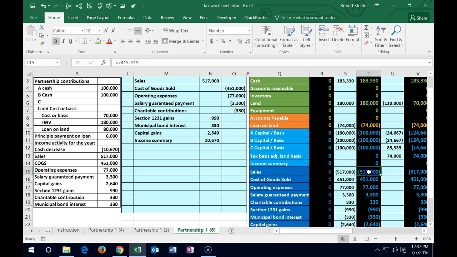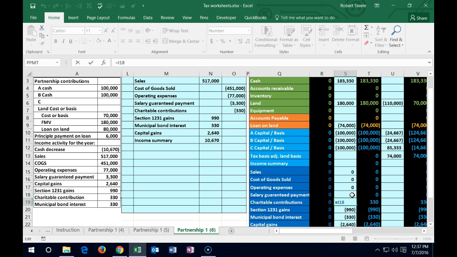So here's sales. It's got this in it. I'm going to double click here, go to the end of it, plus, and we're going to say that's going to clear it to 0. Cost of goods sold, we're going to say plus, going here, clearing it to 0. We got operating expenses here, plus the 77, making it go to 0. Guaranteed payment, plus the 33, making it go to 0.